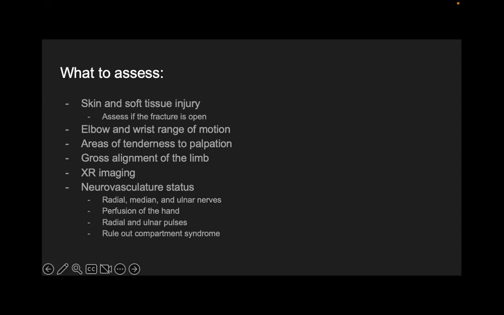Okay. So neurovascular status, some of the things you're going to look for are the nerve status. So we talked about the radial, median, and ulnar nerves in the forearm and the hand. So what's a good way to check for radial nerve motor function? Extension. Okay, so you could extend the wrist.